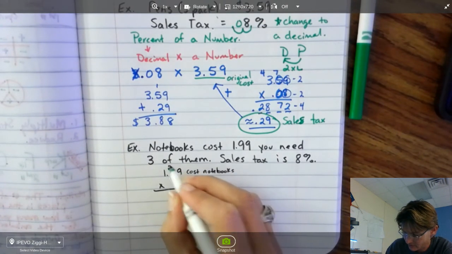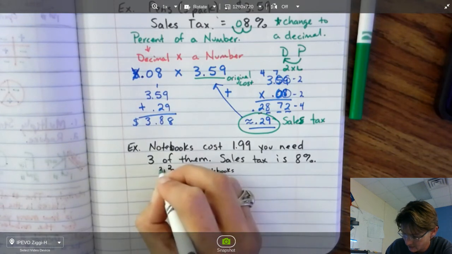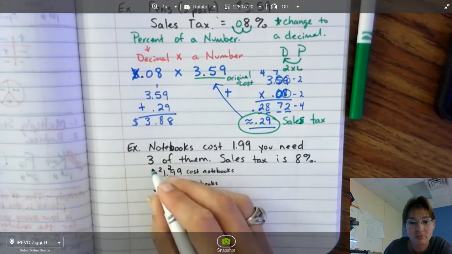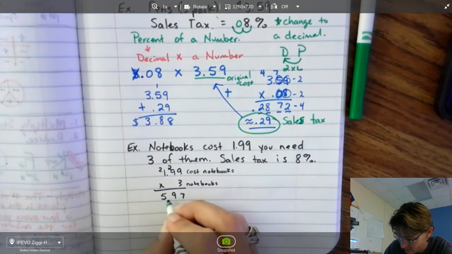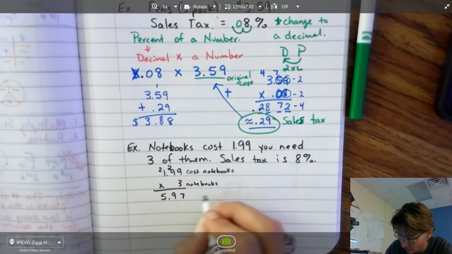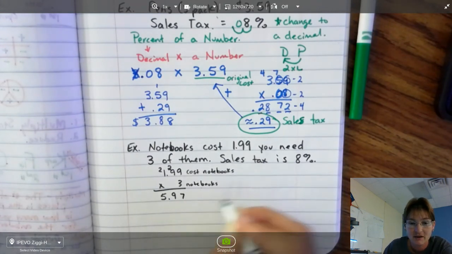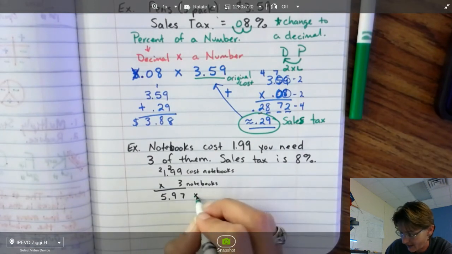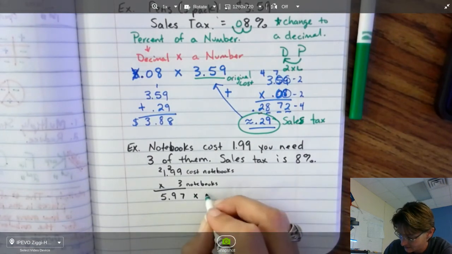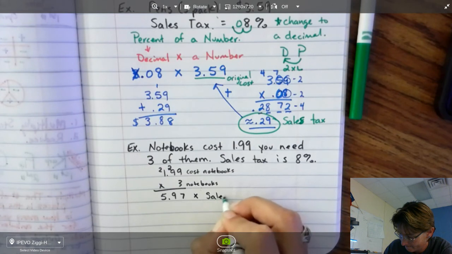We got 27, 28, 29. And 3 times 1 is 3, plus the 2 is 5. So for all 3 notebooks, the cost is $5.97.